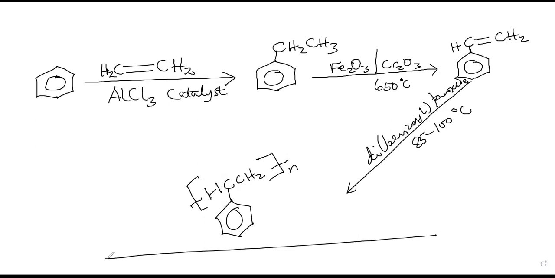So that's the first use. Then the second use is we can still use benzene. We can convert benzene to cyclohexane. That one we saw yesterday, and this is a very important substance, because cyclohexane is an intermediate in the manufacture of nylon. And how do we get cyclohexane?